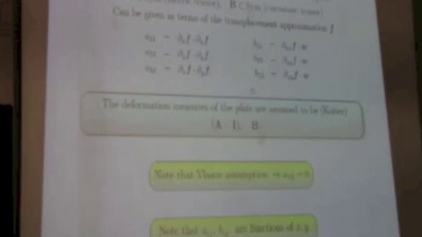Then the plate deformation measures are the metric tensor minus the identity tensor and the curvature tensor itself. Note that if I implement the Vlasov assumption, that is the Vlasov constraint, I have to require that this component of the metric tensor should be 0.